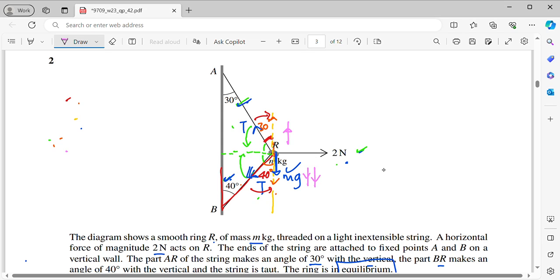The first one is T cos 30. Then the bottom one, which is pointing downwards, is mg. And then another one is this T, which you resolve, and that will be T cos 40 degrees. So these two are balanced.